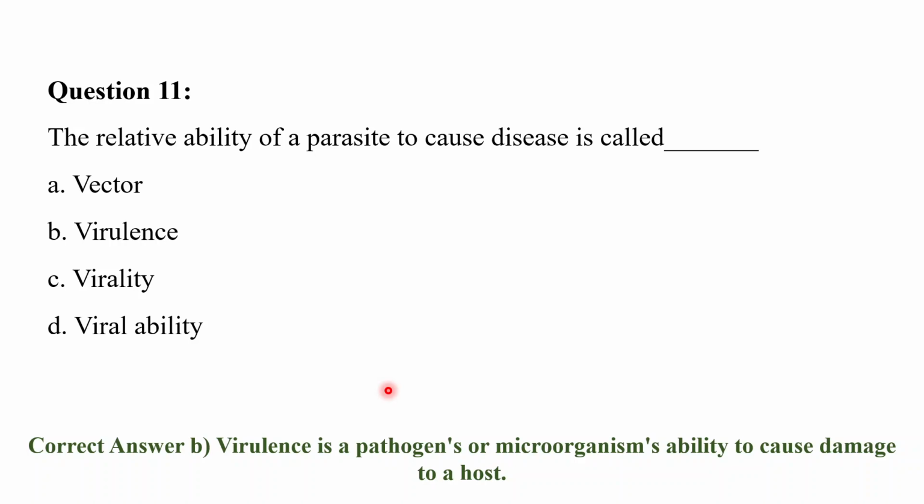So this is how virulence is used to determine how severe the infection caused by that pathogen will be. If it is highly virulent, it can cause more damage to the host.